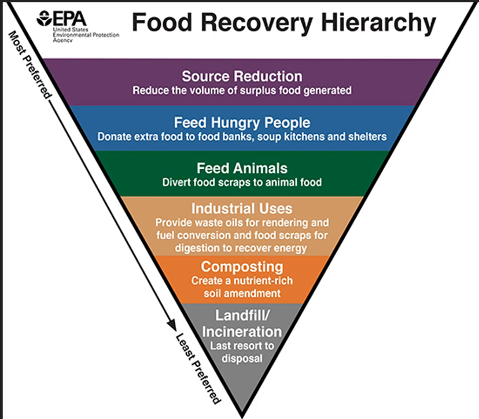Okay, on the upper side, you can see the first layer of this graph, this picture, that tells us how we should do and the most preferred one is source reduction. Okay, we can reduce the burden of surplus food generated.